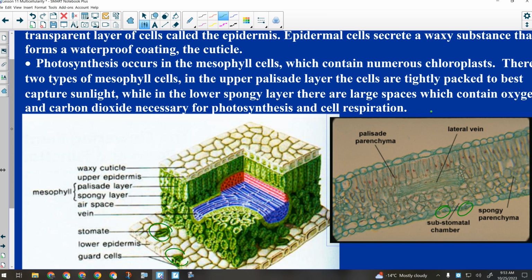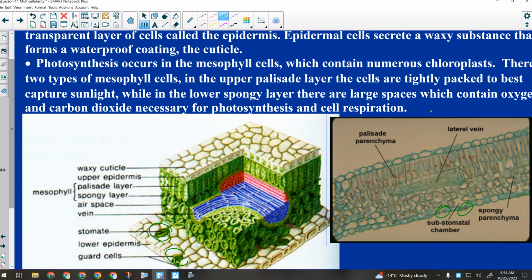So here's what's going to be expected of you. I'm going to put a picture of a leaf on your exam, like these. And I'm going to ask you to tell me why it's an example of a multicellular organism, and you're going to talk about specialization, and you're going to tell me some examples. The epidermis does this. The palisade layer cells are specialized to do this because they have this in them.